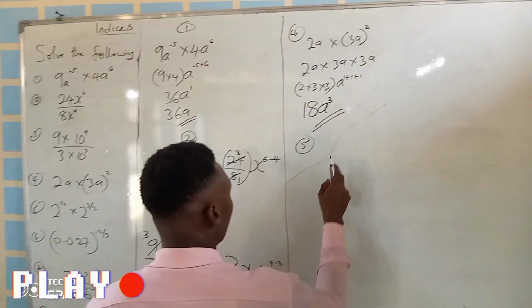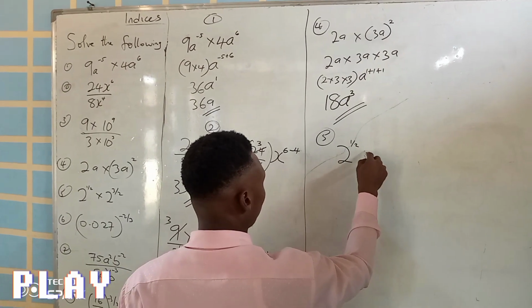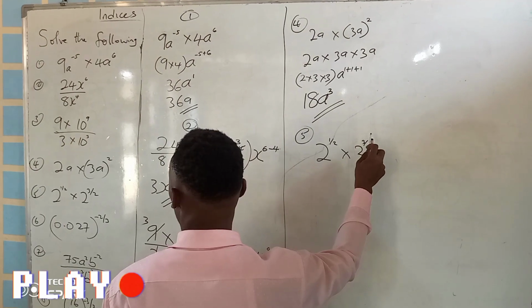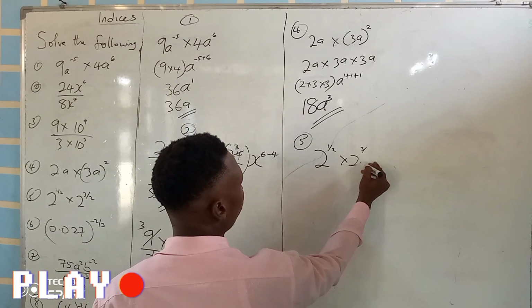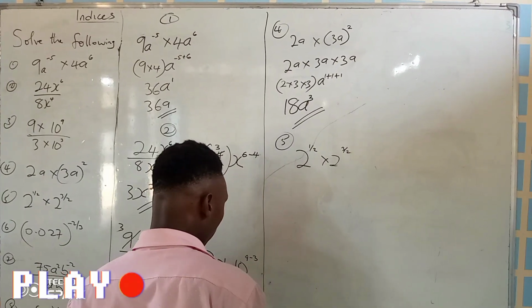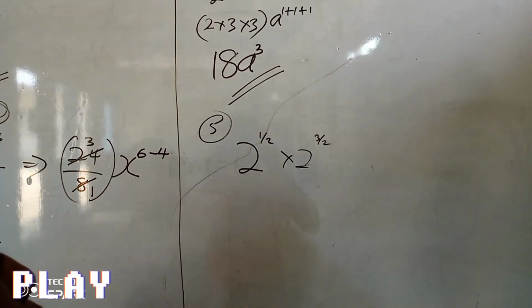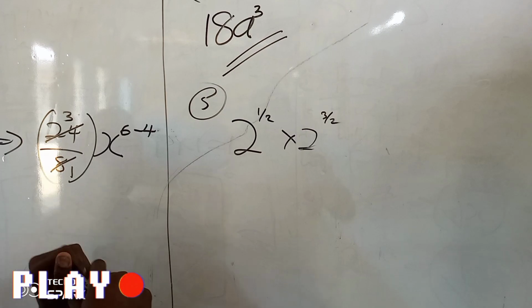Solution 5. We have 2 to the power of a half times 3 to the power of 3 over 2. Now this is the fractional law, and also the multiplication law. It will be easier if you just solve this as a fraction rather than using the fractional law.